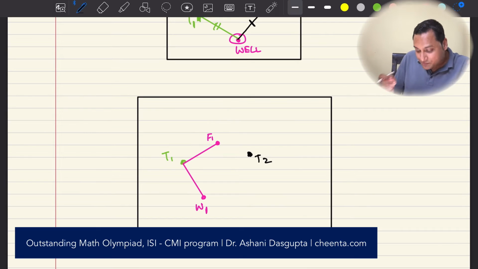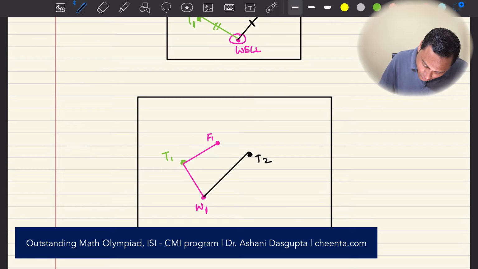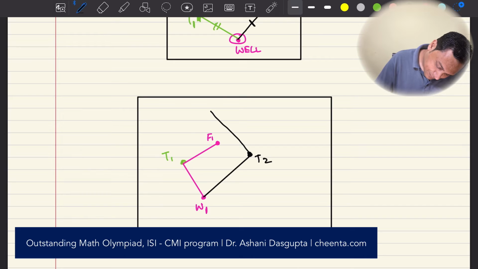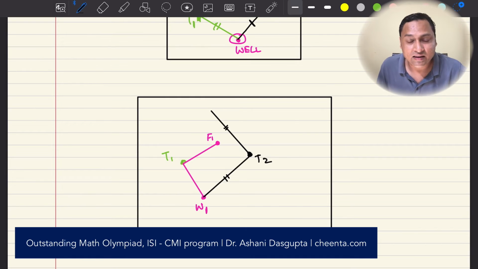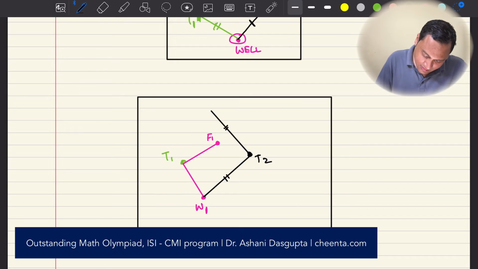And then he comes back to well 1, does the same thing. He goes to T2, draws this thing, these 2 are exactly equal, and then he marks this one as F2.